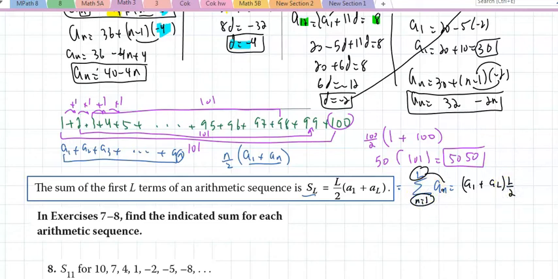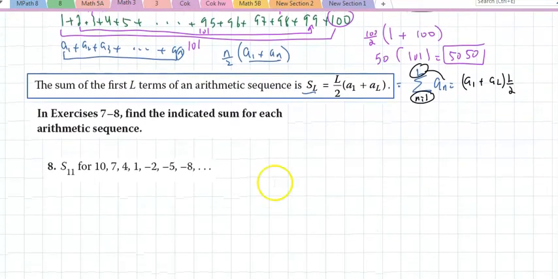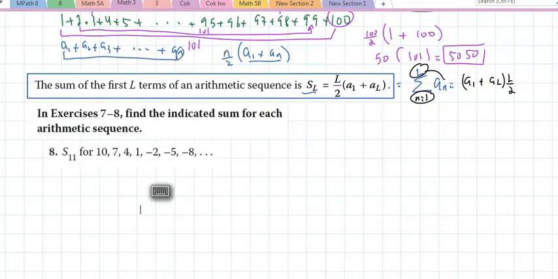And we do start at 1 most of the time. So to practice this, and this is only true for an arithmetic sequence, we're looking at find the indicated sum. Find the sum of the first 11 terms.